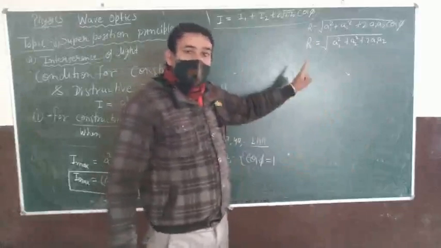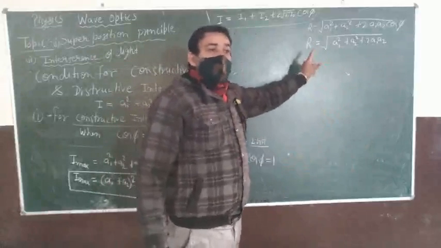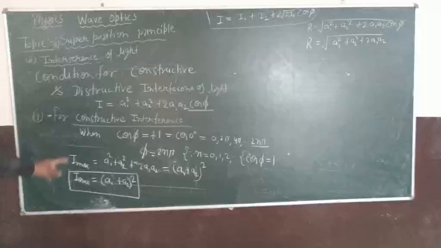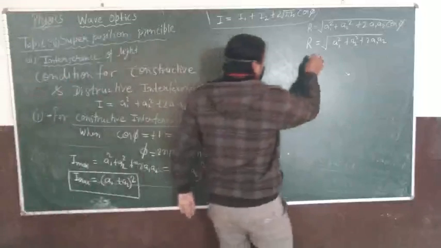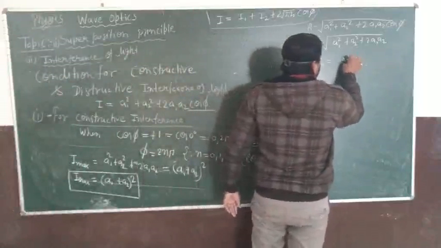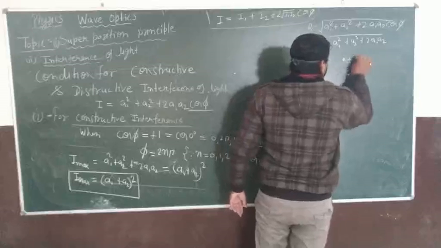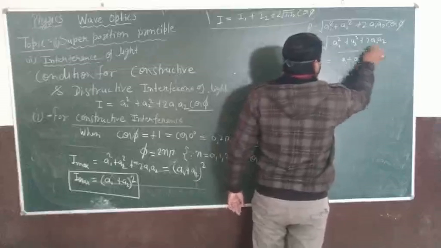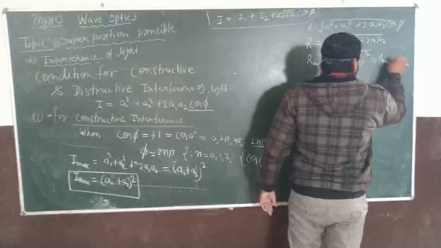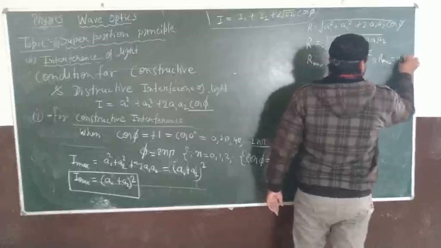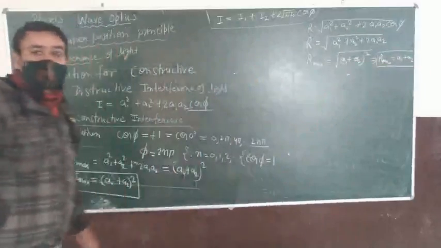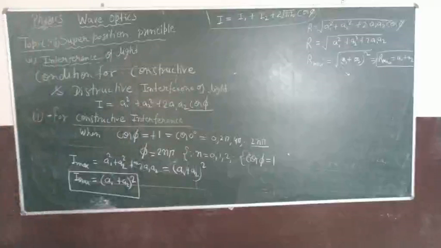You have to do both the cases, because you have a 2 marks question from each type, either resultant amplitude or interference. So R max is under root of A1 plus A2 whole square, which gives R max is equal to A1 plus A2. This is the condition for constructive interference. Done.